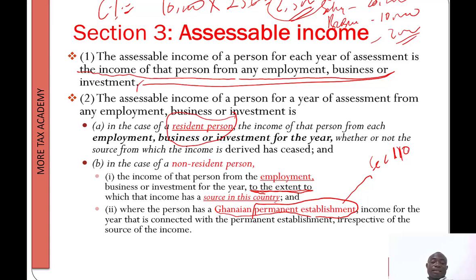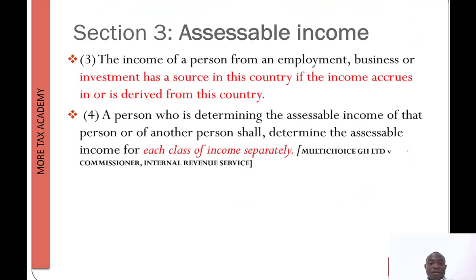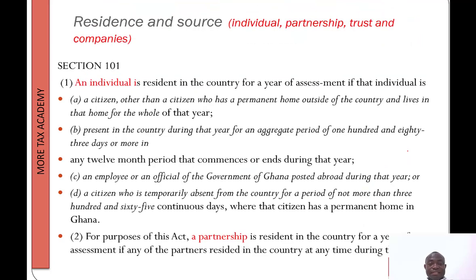So at this point, there is resident and non-resident. What does it mean? Let's go to section 101 to understand resident and non-resident. Section 101 is very important because it gives us the understanding of the local law, and when we begin looking at the international law, it sort of reflects what we have locally.